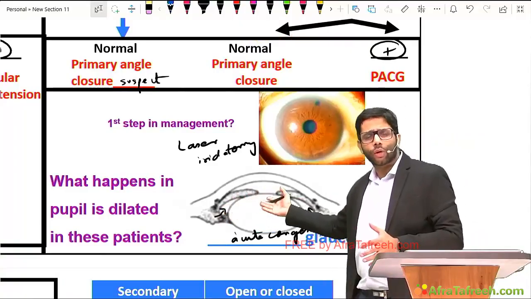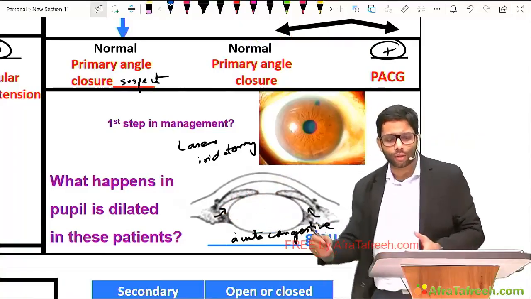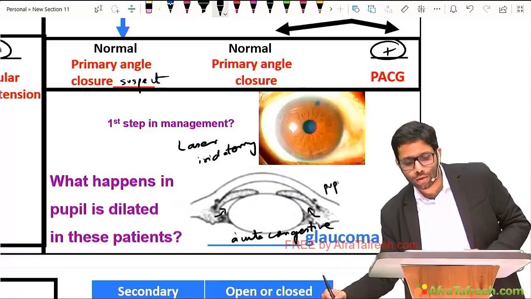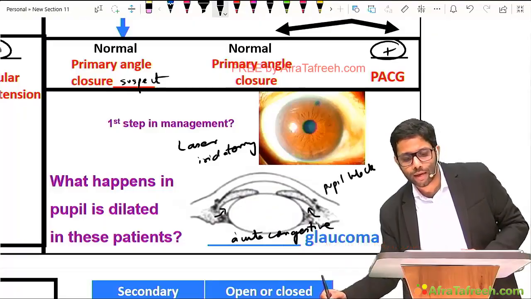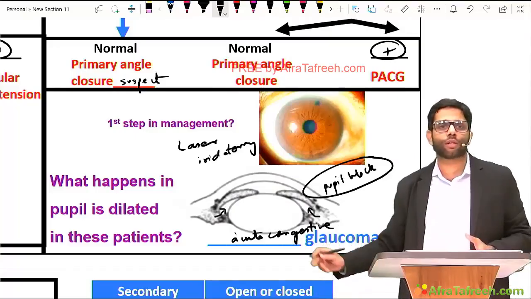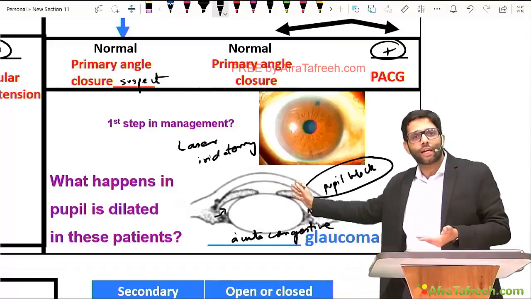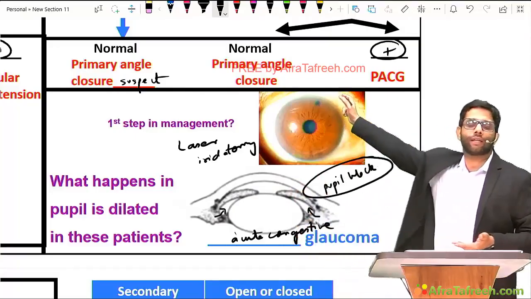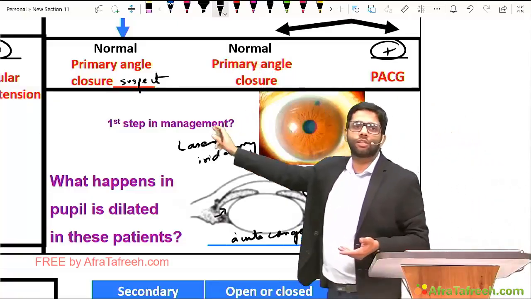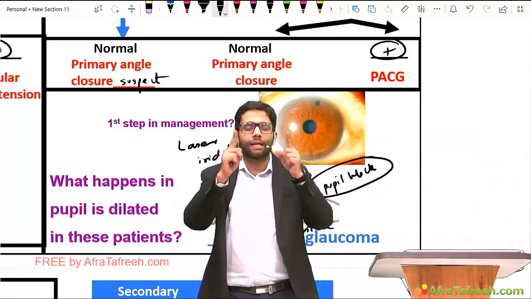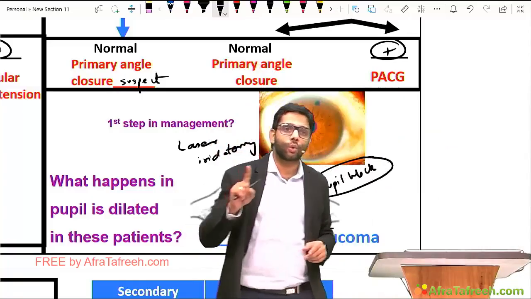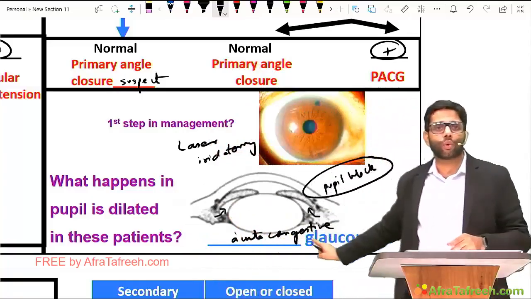The pressure can go extremely high because there is a pupil block. 360-degree pupil block will lead to iris bombe and 360-degree angle closure, and iridotomy has to be done. That's why prophylactically in PACS, PAC, PACG, the first step of management is bilateral iridotomy in both eyes, so that the patient does not land up in acute congestive glaucoma.